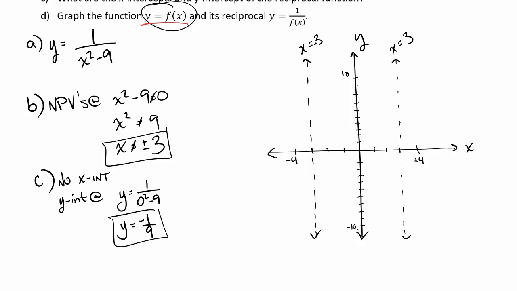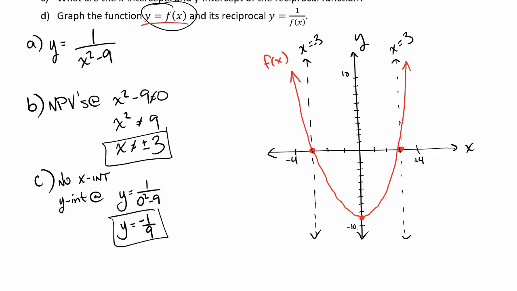So I know that my vertex is here, my x-intercepts are here because that ends up being where my asymptotes are, so y has to be 0, and from here I can sketch out my parabola. Okay, so that is f of x.